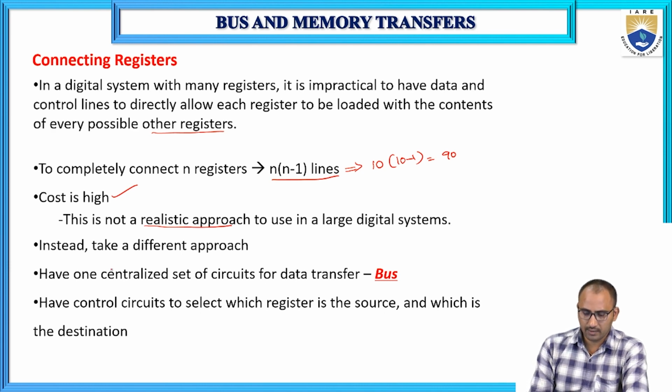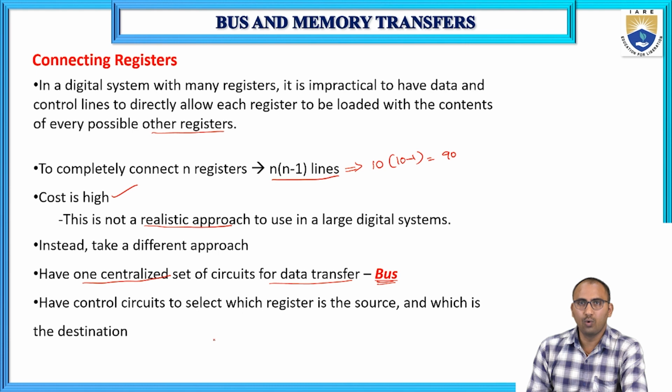So that is to have one centralized set of circuits for data transfer. That means using a bus. A bus is a group of wires. That means a set of connecting wires is used to transfer the data from one register to another register.